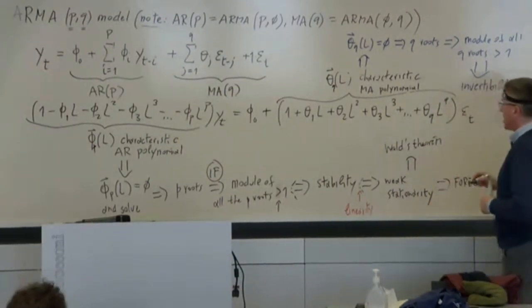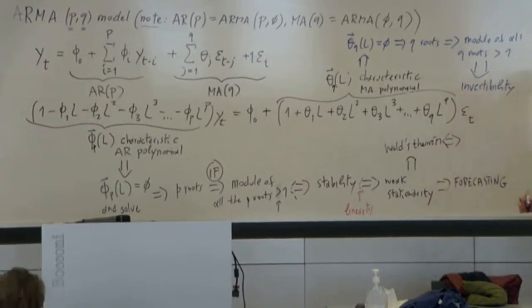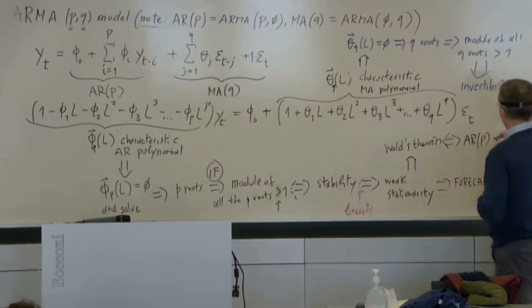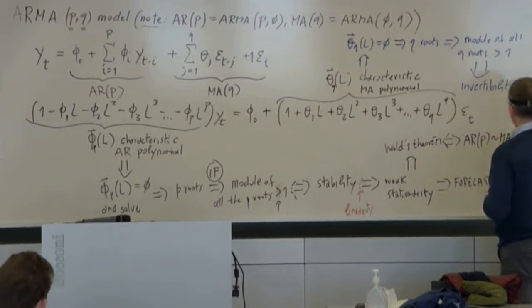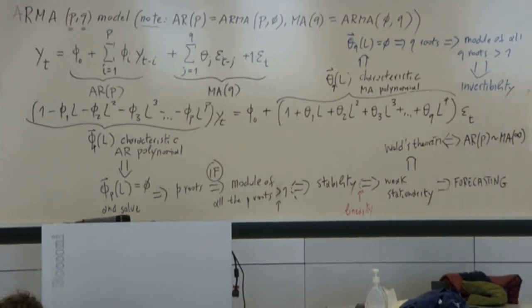And what the theorem says, so I put a double arrow because that's the statement of the theorem, is that Yt, the autoregressive process, so AR(p), is isomorphic to a moving average infinity. And that was the important thing. So even if you see an autoregressive process, this process may be written as a moving average infinity.